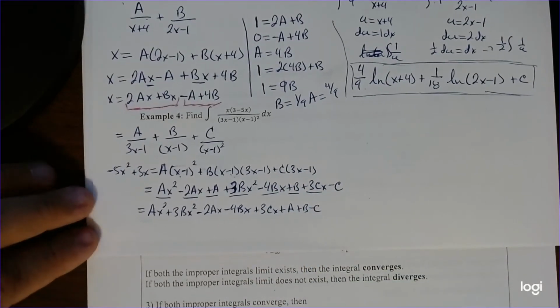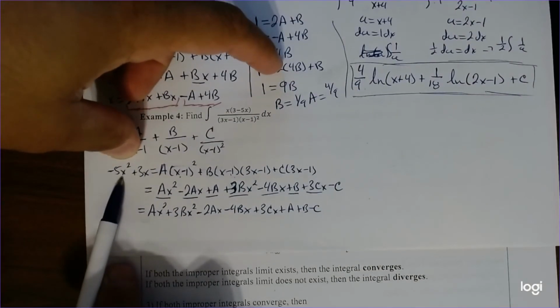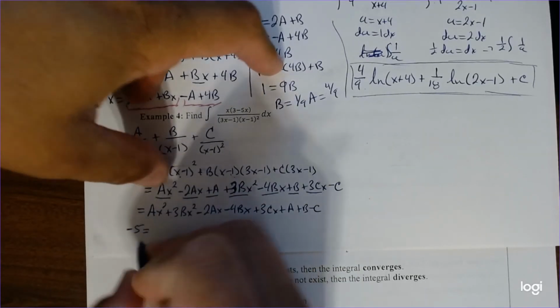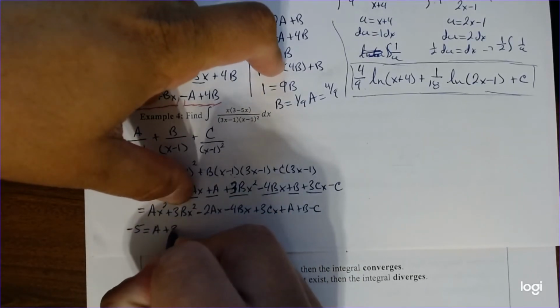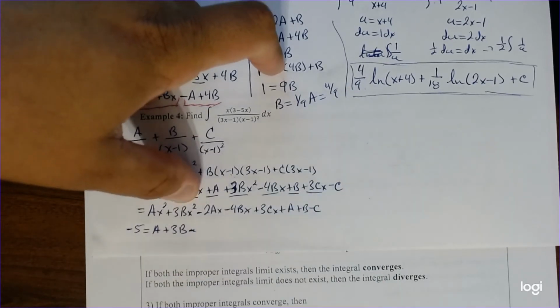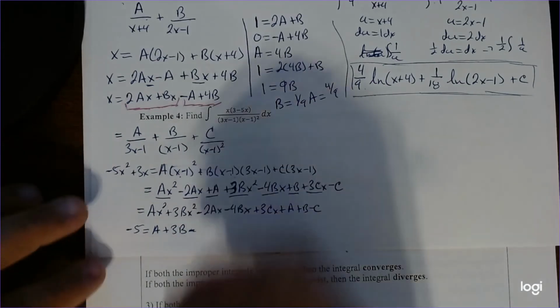Okay. All right, so if we follow this up, all the x squareds added must equal -5. So -5 is equal to a plus 3b.